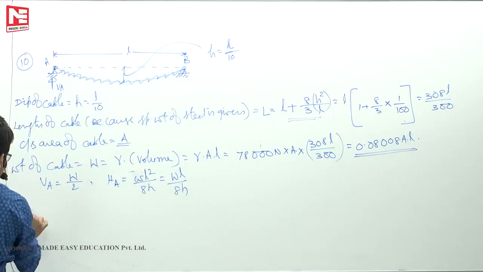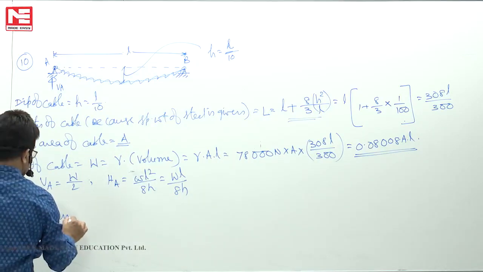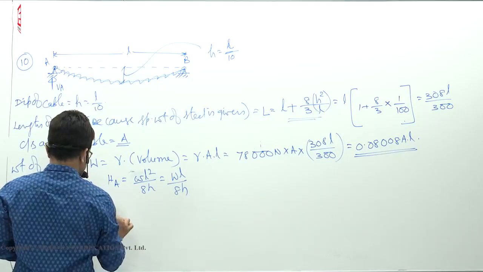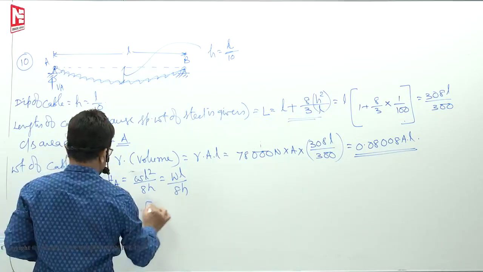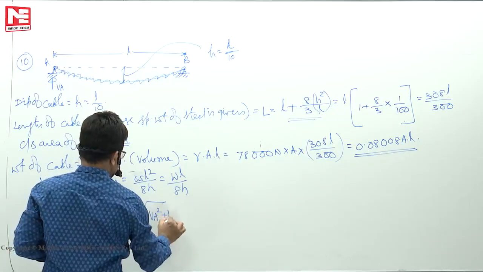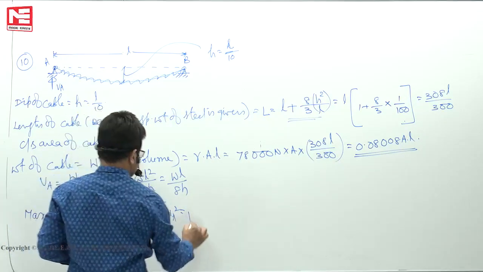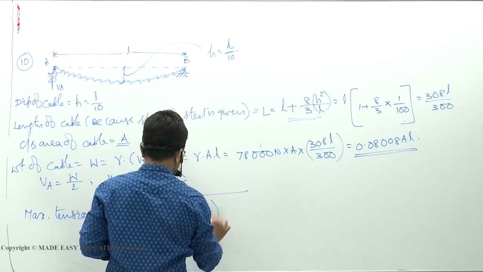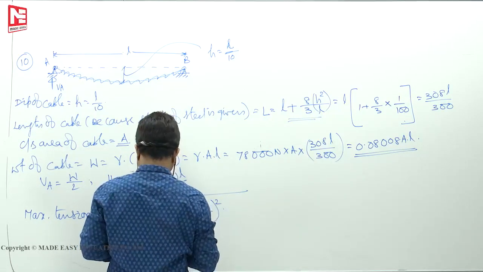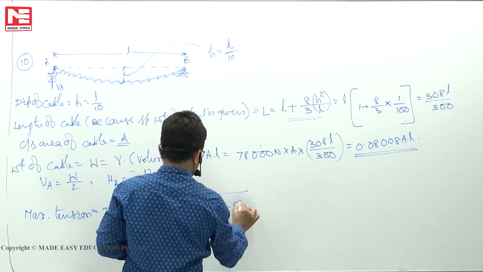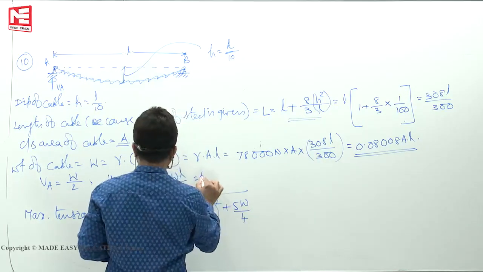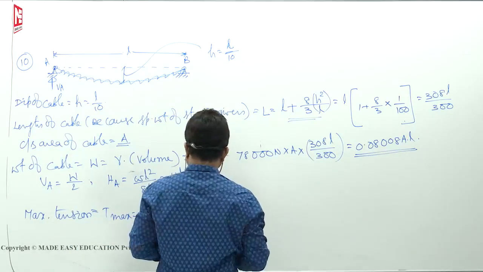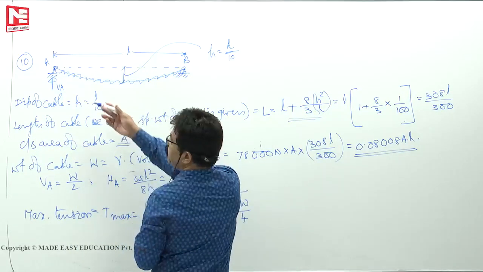Maximum tension, T max. We know it is the square root of VA square plus HA square. So VA is W by 2 squared plus 5W by 4. This value will get horizontal thrust 5W by 4, because H by L is given as 1 by 10.